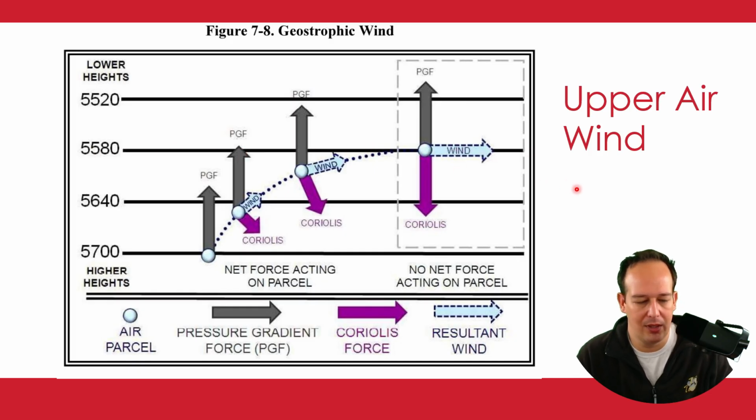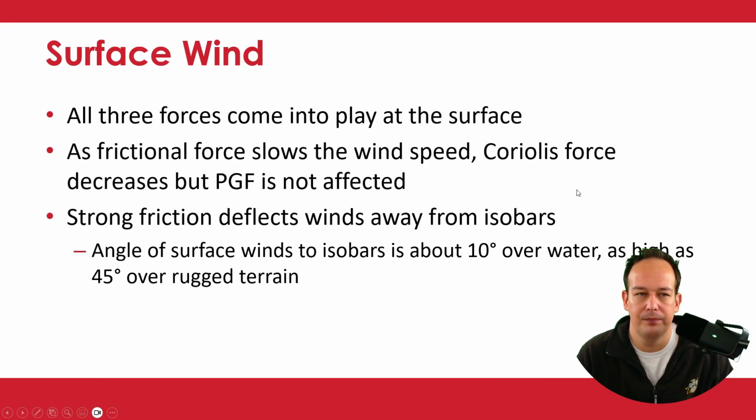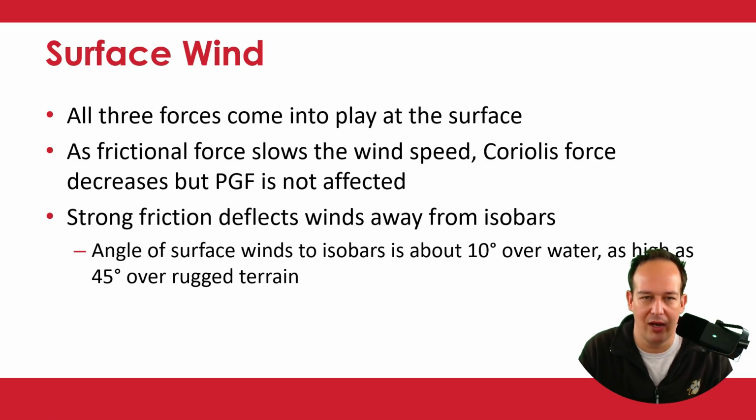So when we get up aloft, you look at a chart that shows all the different isobars or height contours, and the wind will flow parallel to the isobars.